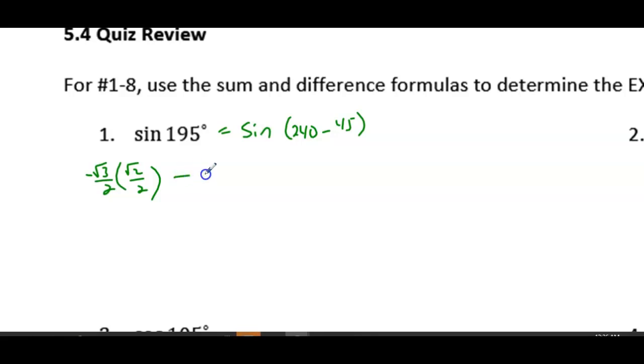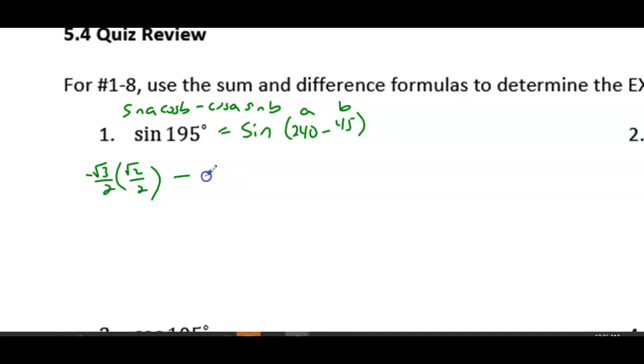We use the minus sign here because remember, sine of A minus B is sine of A cosine of B minus cosine of A sine of B. So I'm just following that model. This is A, this is B. Sine of 240 is negative radical 3/2. Cosine of 45 is radical 2/2.